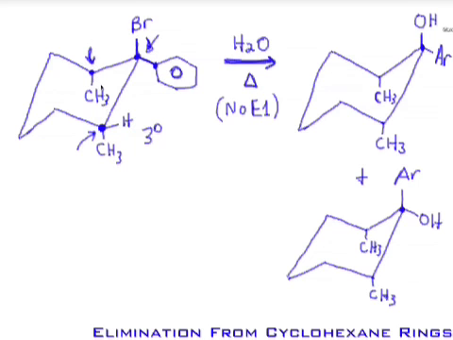Because these two centers are chiral, this causes Ar up and OH down to be different between these two molecules. Now, that goes beyond the scope of what I want to do in this course, but I thought it was worth pointing out. So, if you don't follow that, you can skip that point.